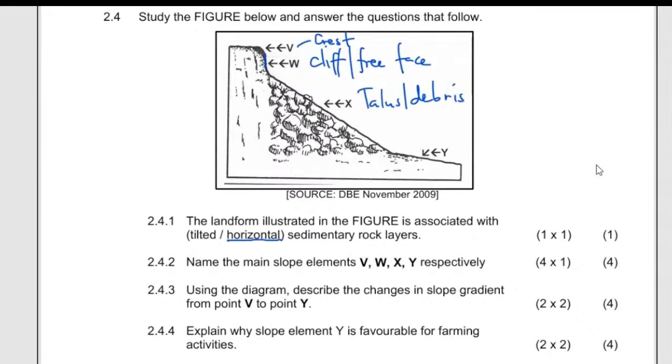This material has been weathered and has found its way down. Then we have the general part of our slope, which is the lowest part. This is what we call the pediment of the slope. Right, so those are our labels, starting with the uppermost part.